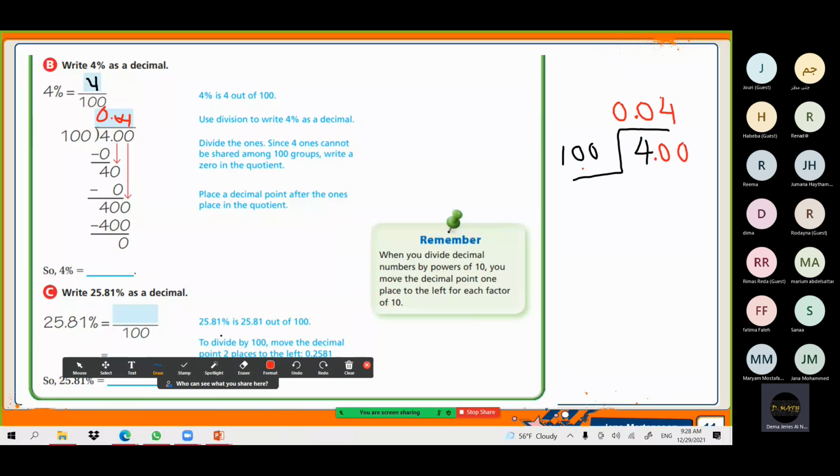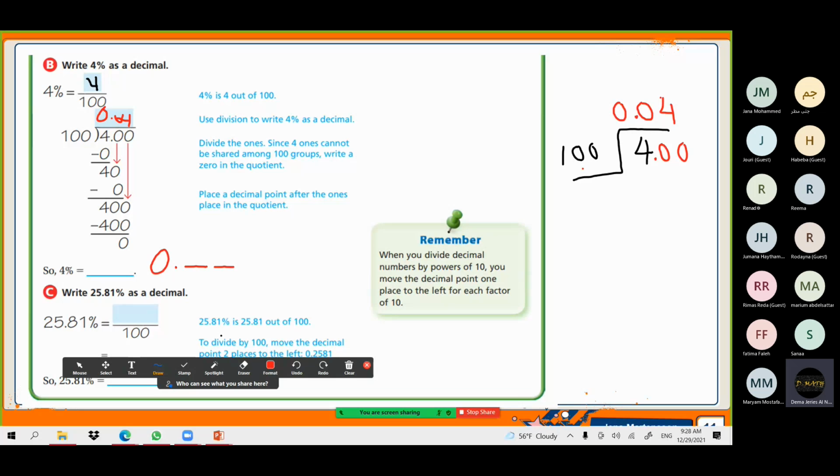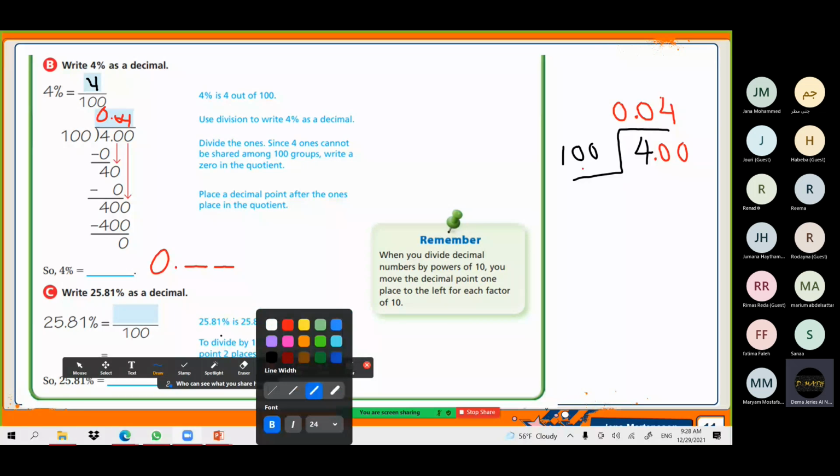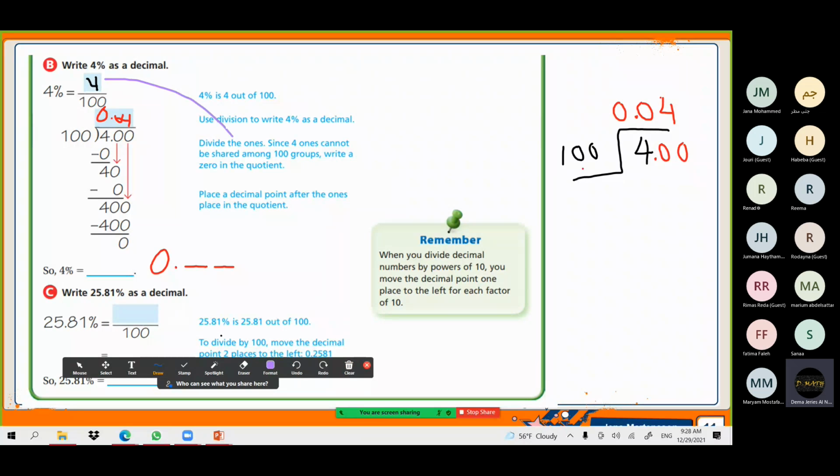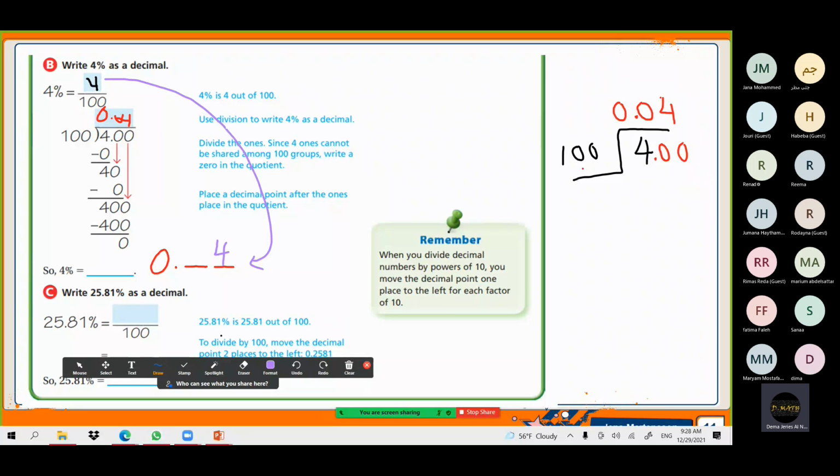This is by division. My easiest way is you just put a decimal point with as many digits as there are zeros in the 100. They are 2. Then after that, as I told you, start writing from the right. So write 4 and in the empty digit, write 0.